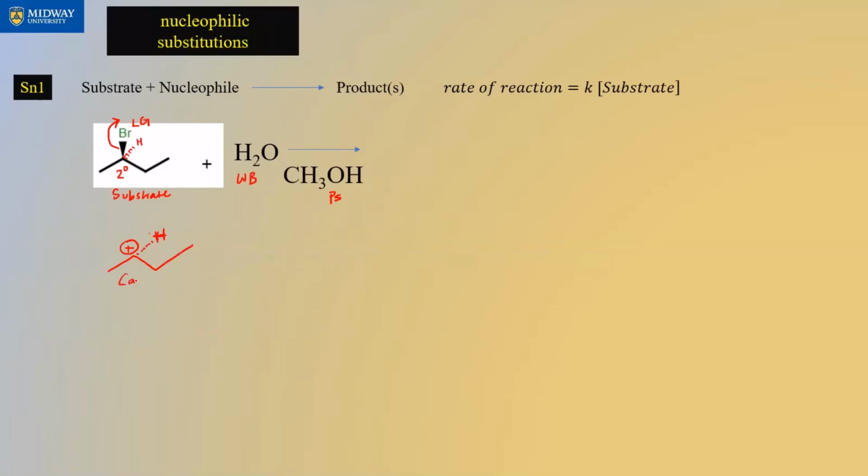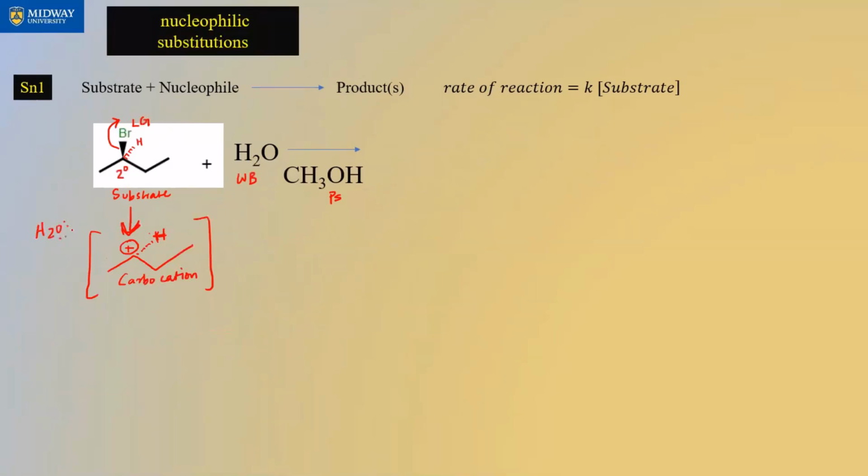This is called a carbocation, and usually, if it's an intermediate, it's put inside a bracket. So this is a step that you have to go through. Unlike SN2, where both the attack of the nucleophile and the departure of the leaving group occurred at the same time, which is what's called concerted, in this case, it's not concerted.